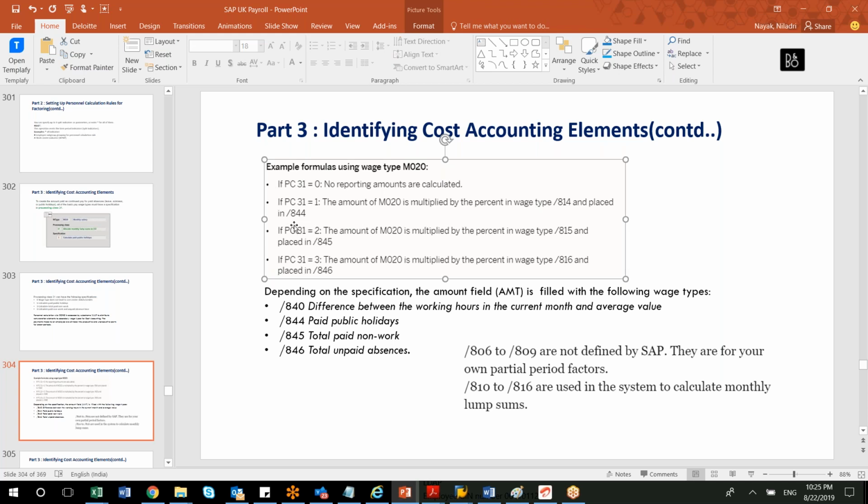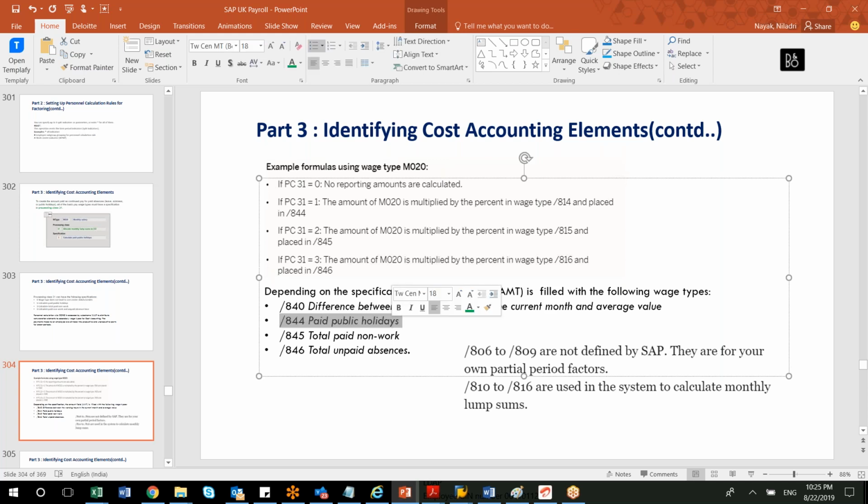What is this /844? I have explained that in the section below. /844 is paid public holidays, like 15th of August; similarly, the UK will have its own public holidays. That factoring will happen in that case.